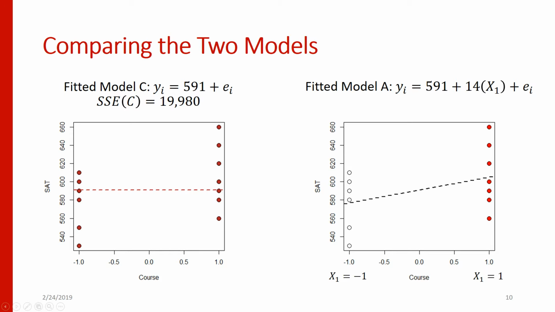And so we go down 14 points to get the mean of people who did not take the SAT course. So by fitting this model, we actually estimate the mean for both groups, and we can draw a line between those 2 points, which has an intercept of 591 and a slope of 14. And that leaves us with a sum of squared errors for Model A of 16,060.